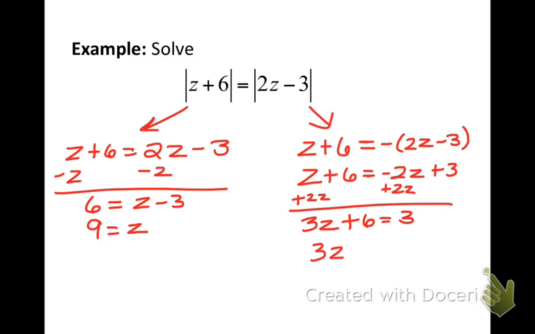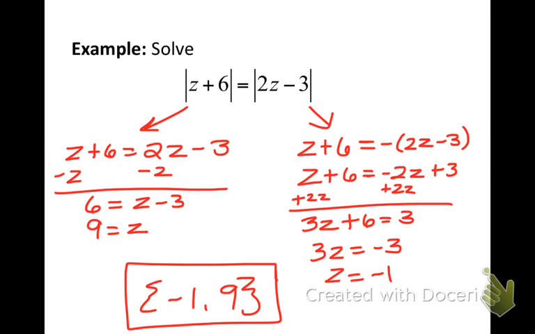Subtracting 6, 3z is equal to negative 3, z is equal to negative 1. What's going to come first in my set? Good, negative 1, and then 9. So don't forget the negative. If you always have a negative equation, and it happens to have more than one term over here, then make both of them negative.